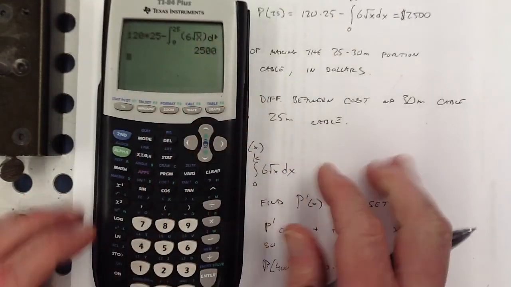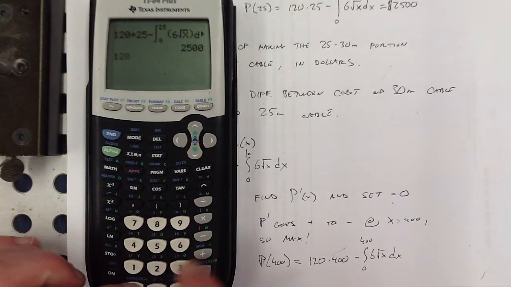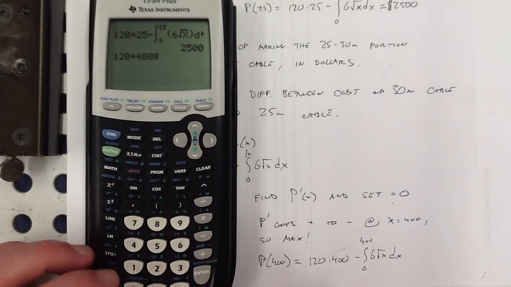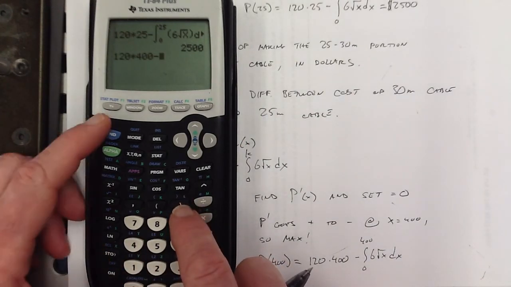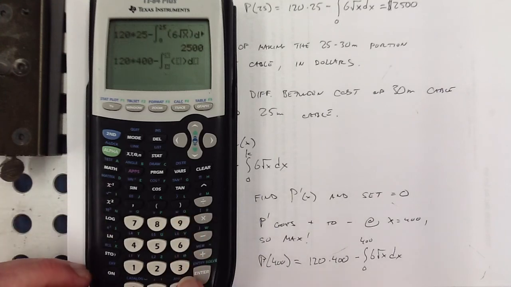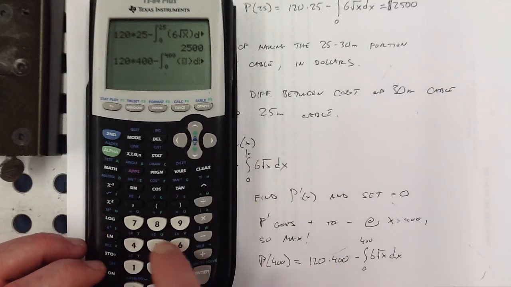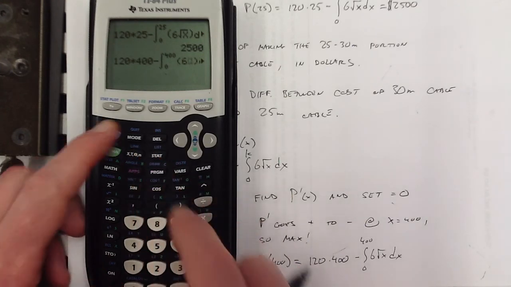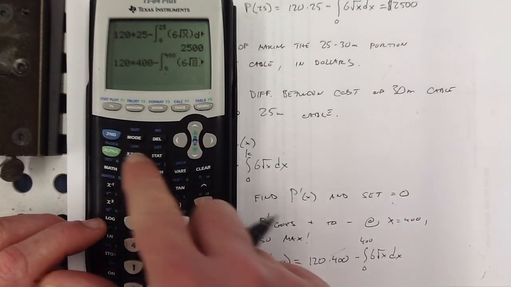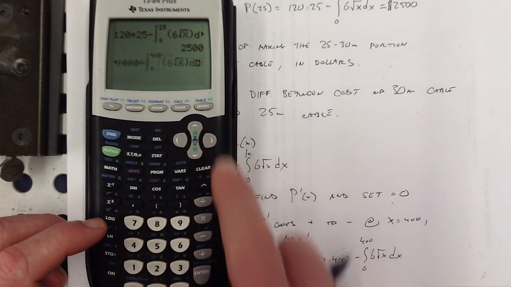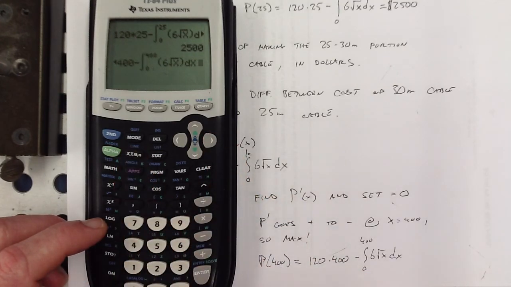So I want the same expression as this, 120 times 400 minus the integral from 0 to 400 of 6 square root x dx.